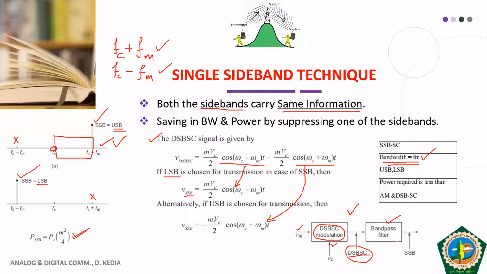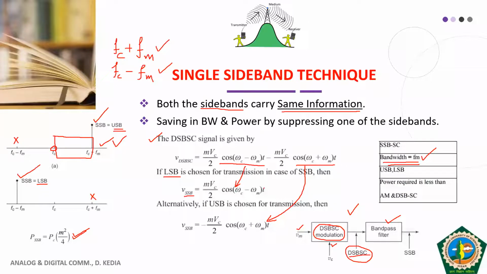The biggest advantage of AM is its simplicity. So as we save bandwidth and save power, obviously we have to pay in terms of the complexity of the signal. I hope all of you have understood this.